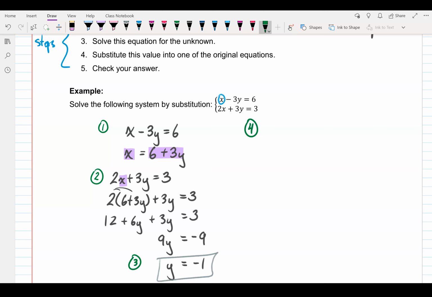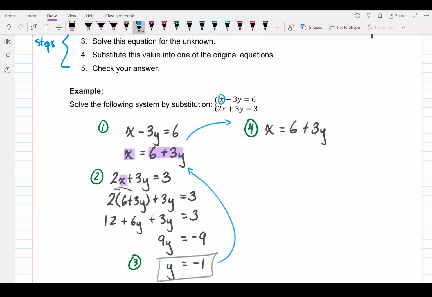My fourth step is to substitute the value that I just found into one of the original equations. All right. Well, I'm going to go ahead and say I should put this into this equation because it's easy. If I use that equation, once it's solved, this whole right side is going to pop out this answer for x. So it's already solved for. It's really nice and easy to solve for, okay?